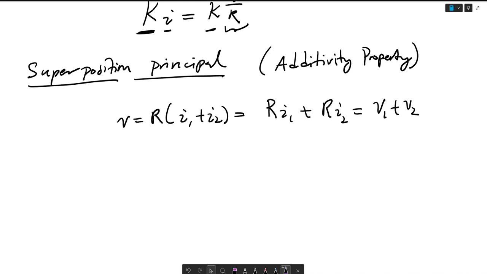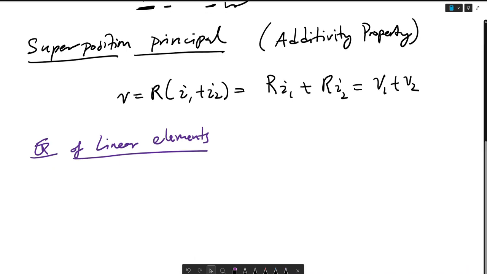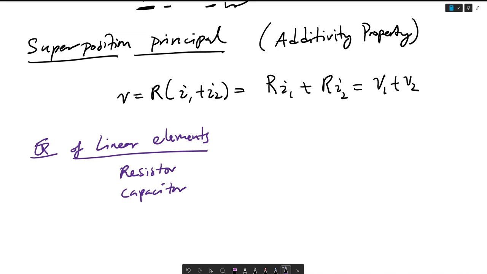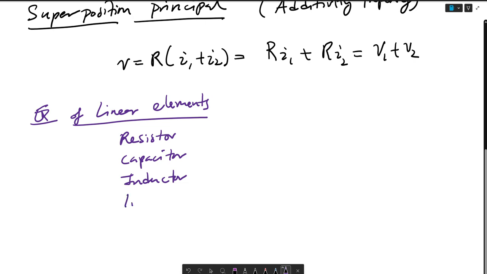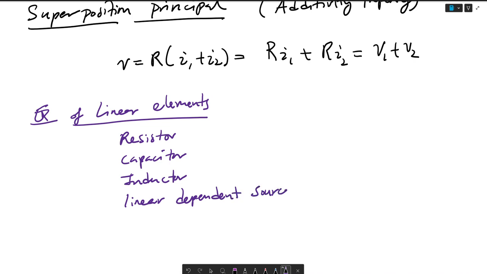Some examples of linear elements are a resistor, a capacitor, an inductor, and any linear dependent source. And again, we talked about linear dependent sources.